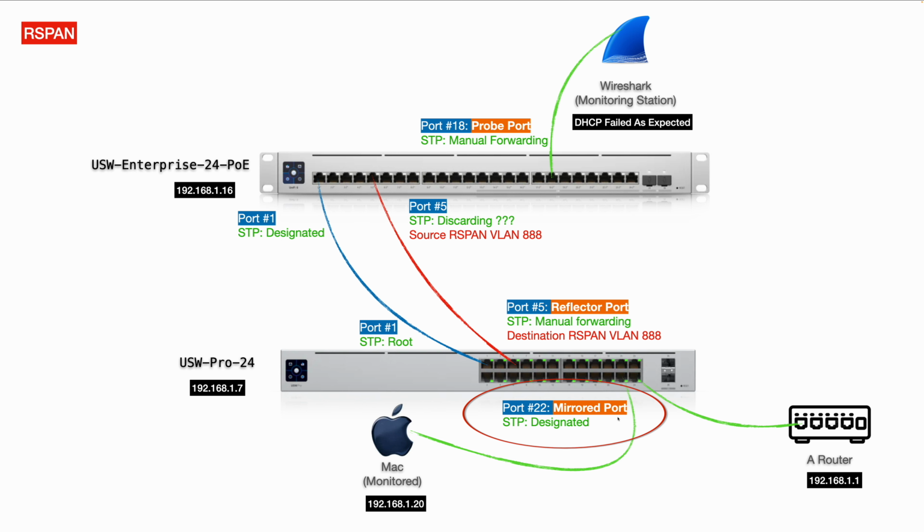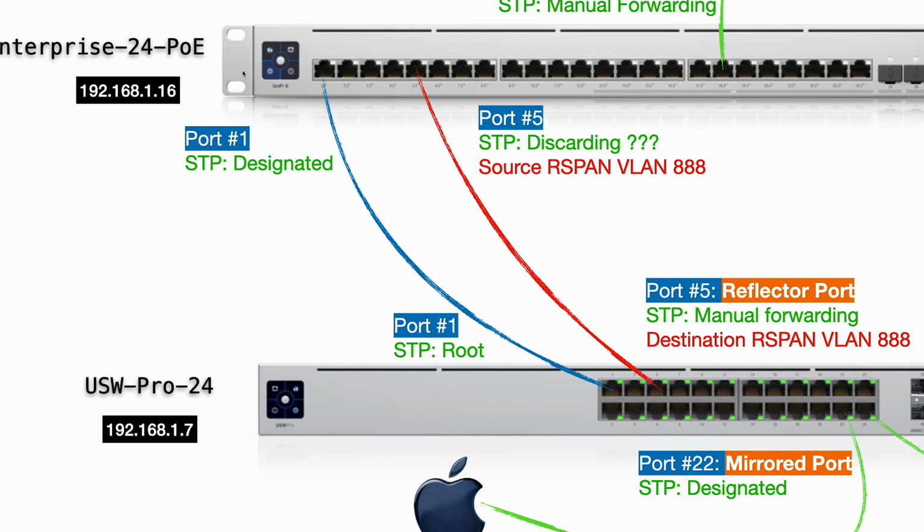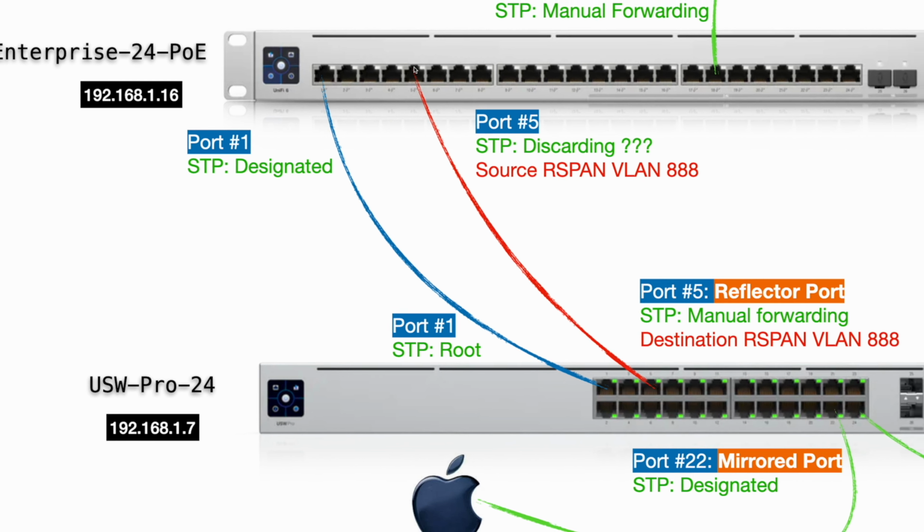It's called the mirrored port. Your switch and your remote switch need to be connected. I'm showing the blue link here. But to utilize the reflector port, Ubiquiti requires you to physically connect the 2 switches using another cable, connecting the reflector port with your remote switch.